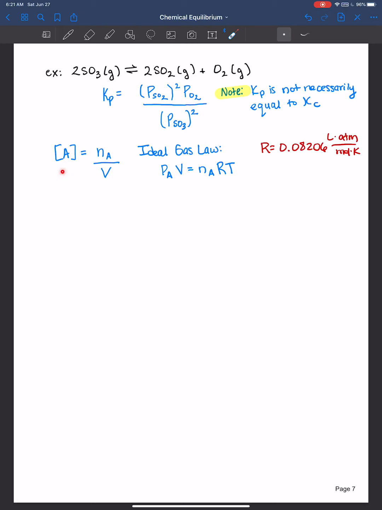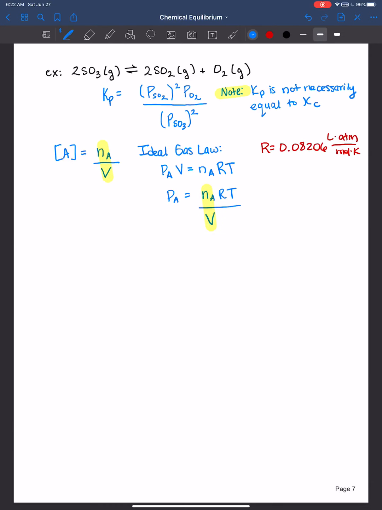Now, since the concentration of A is equal to the moles of A over V, you can look at the ideal gas law and rearrange it such that we see this term within it. So P, partial pressure of A, is equal to moles of A RT over V. And so we see this here, and we see that there.